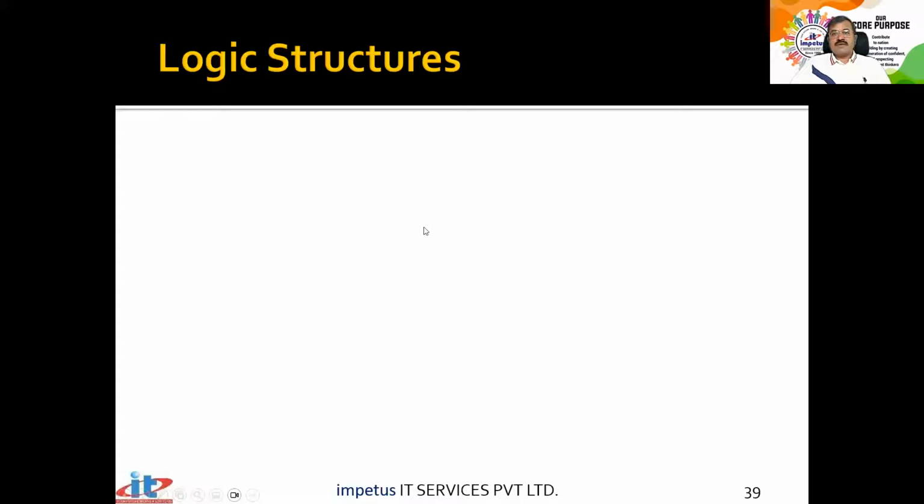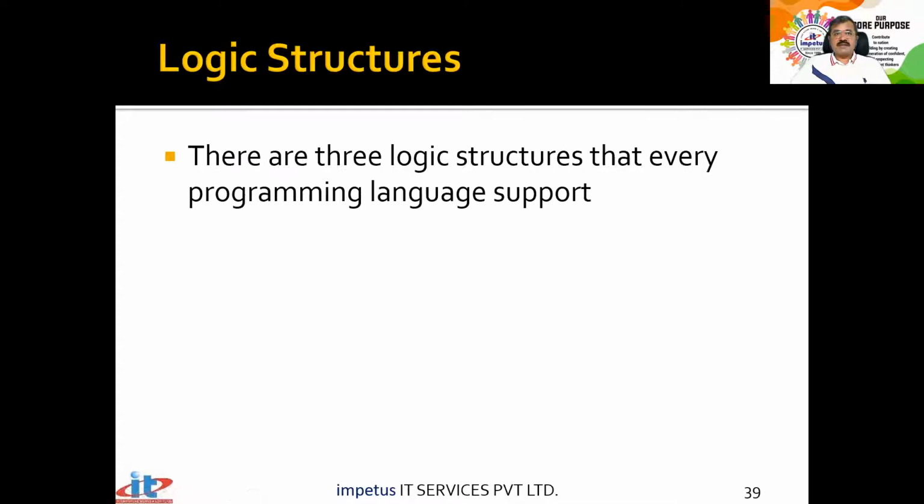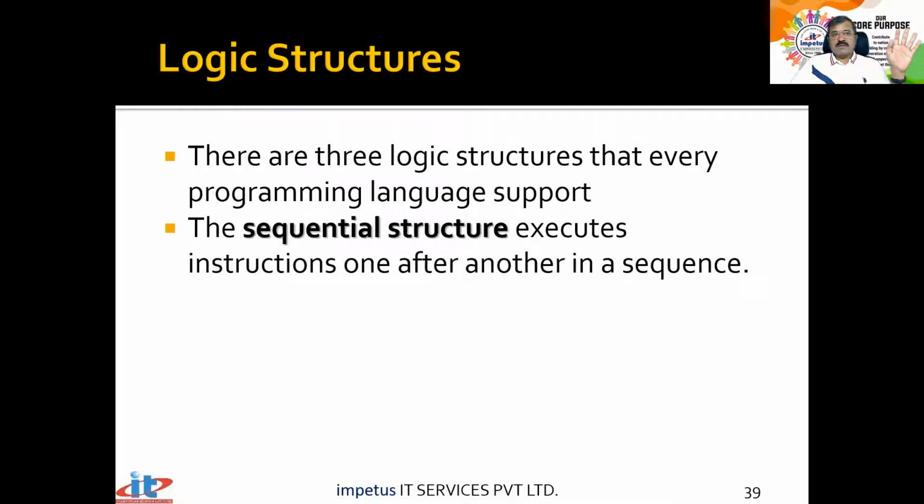But let's also have a recap, or let's touch upon what the basic logic constructs are. There are these three constructs which are supported by all programming languages without any exception. Every programming language will provide this. One is the sequence construct, where one after another you will go executing all the instructions.